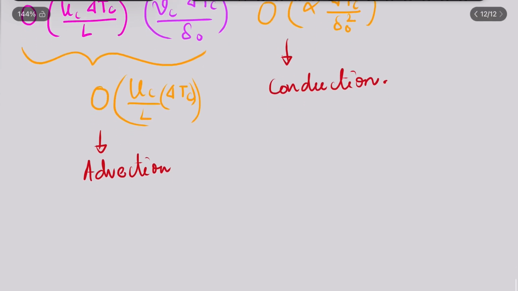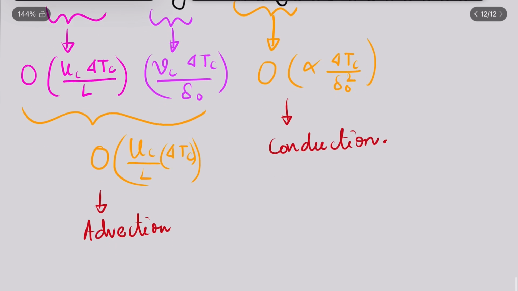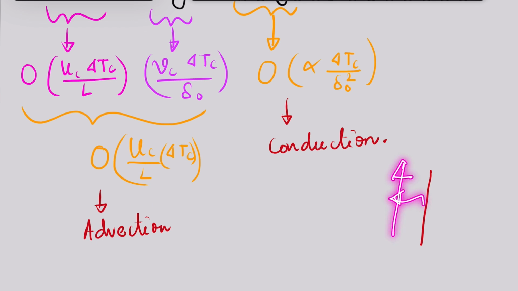It is like the energy that is being conducted from the wall has to be advected by the fluid to avoid any accumulation of energy, because it is an unsteady state problem.